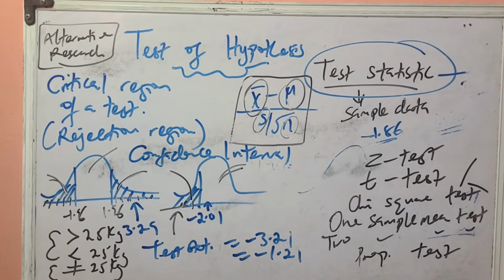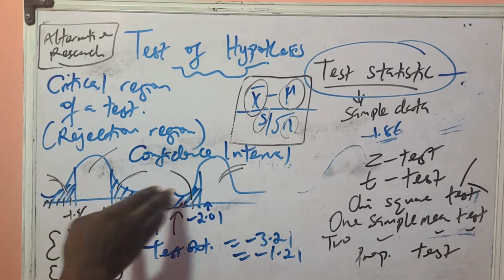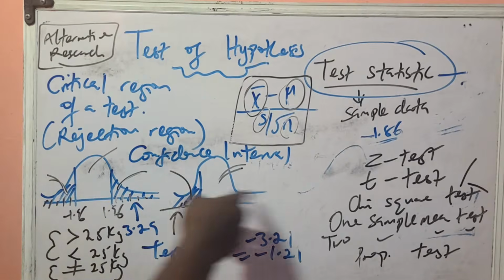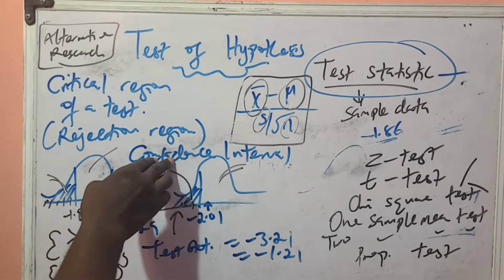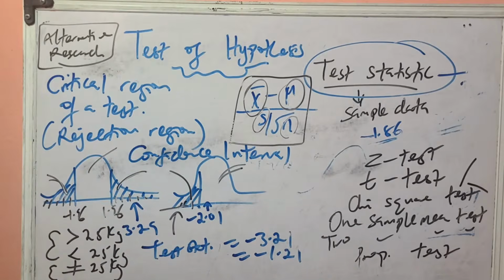Now, I also talked about the critical region of a test. And I told you guys that another name for critical region is rejection region. In all the diagrams I drew, this tail part, which you see I shaded for the three different ones, is what we call the critical region of the test, the rejection region.